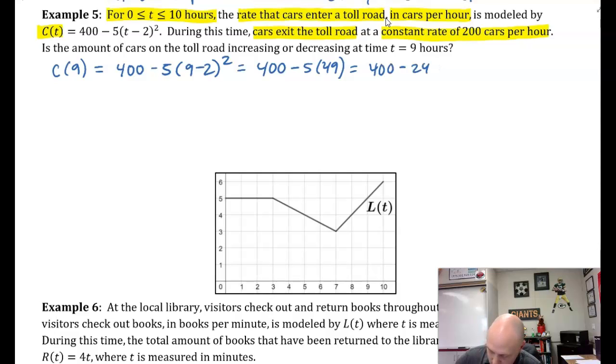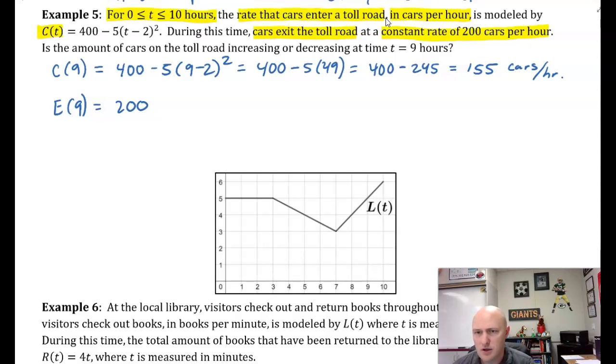So we have 155. So 155 cars are entering per hour. Cars per hour. Okay, and I'm just going to call this E of 9. They're exiting at a rate of 200 cars per hour.